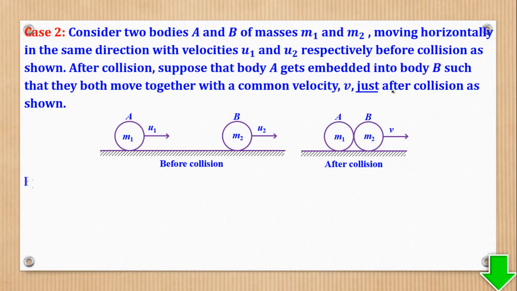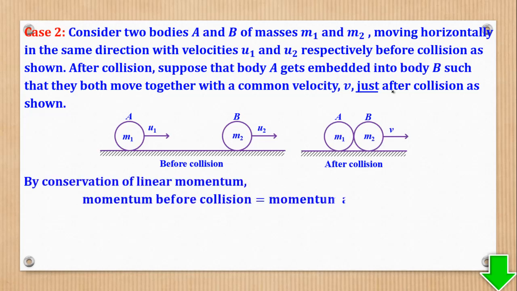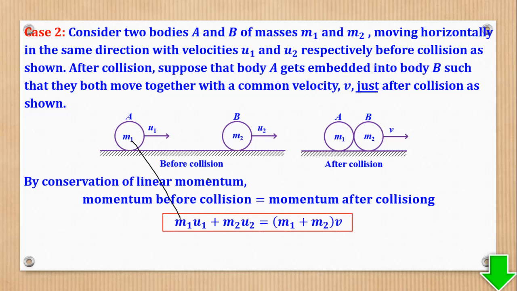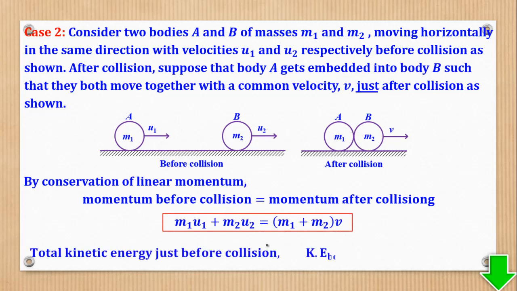So when we are conserving linear momentum, still linear momentum before will be equal to momentum after collision. The one before will be m1u1 plus m2u2, but the one after, you combine the masses and multiply by velocity. Still, there could be loss in kinetic energy.